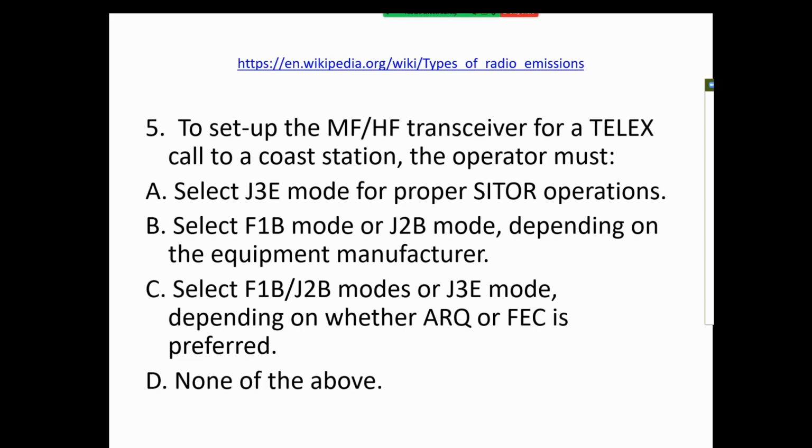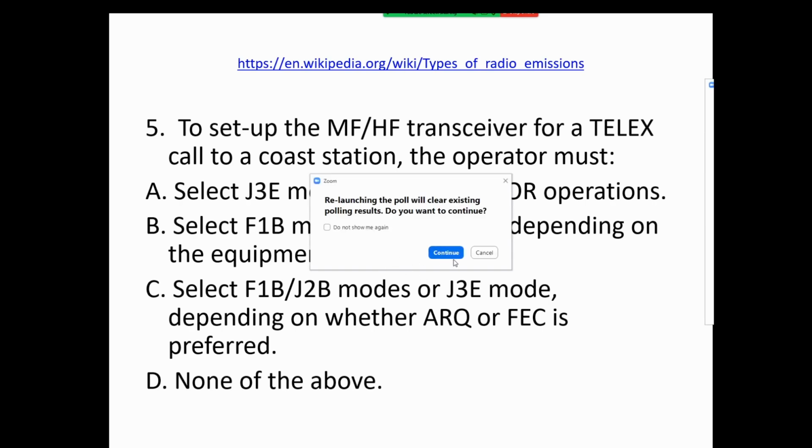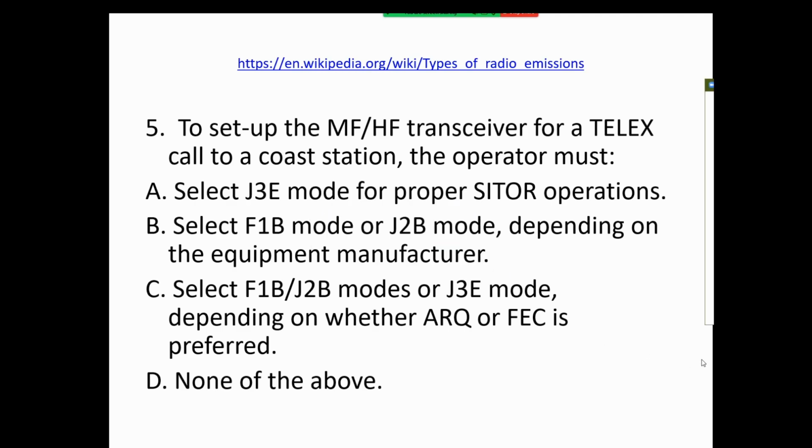All right, so basically you're going to be looking at one of these emissions, and how are you going to set it up? This time it's not for voice, it is for telex. We're not exactly sure what telex is, but let's see if we can discern an answer from this.